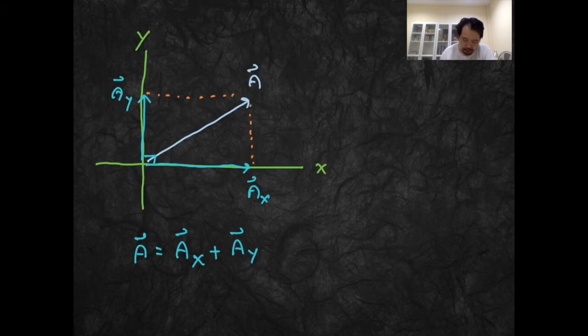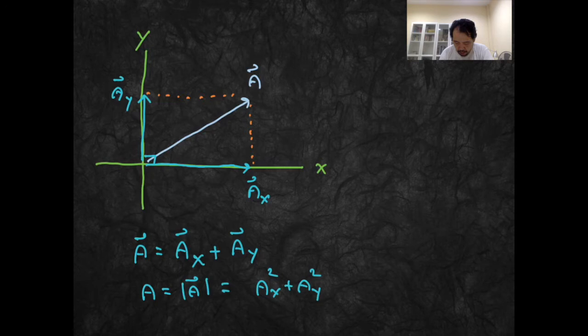And we can also say that the magnitude or the length of the vector A, which we can write as just A, or the vector A in the absolute sign, is equal to the square root of AX squared plus AY squared, where AX is the magnitude or the length of the vector AX and AY is the magnitude or the length of vector AY. This comes from the Pythagoras theorem.